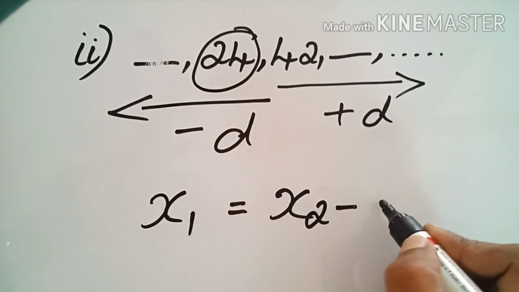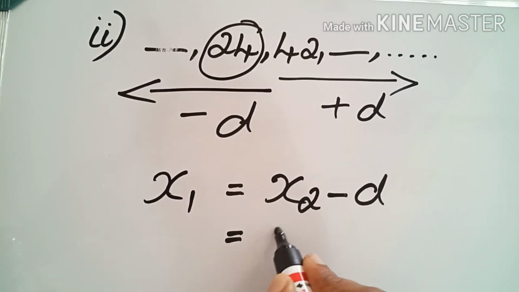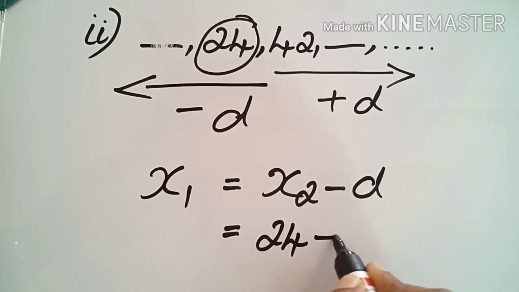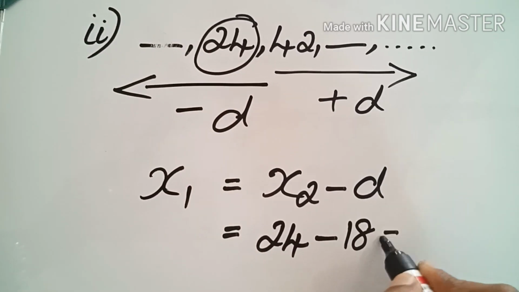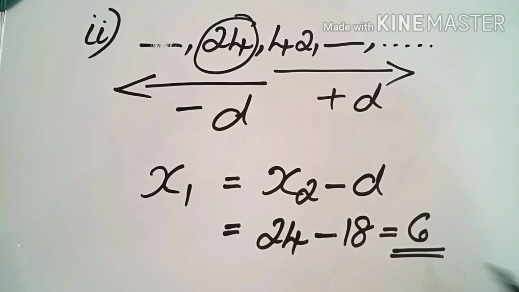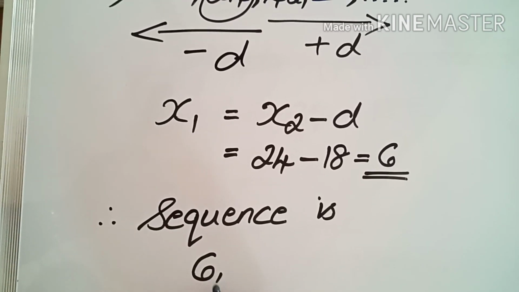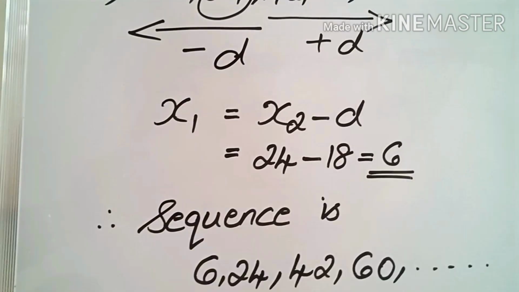So to get the first term, x2 minus common difference, one time we have to subtract the common difference. So x2 minus d, that is equal to 24 minus 18 equal to 6. So 6 is the first term. So the sequence will be 6, 24, 42, 60, etc.